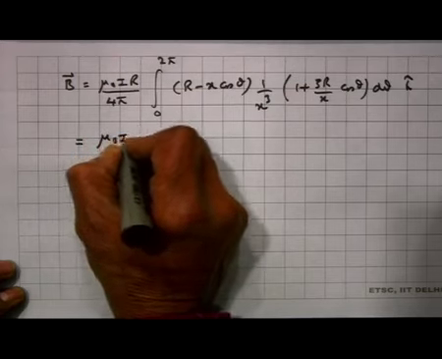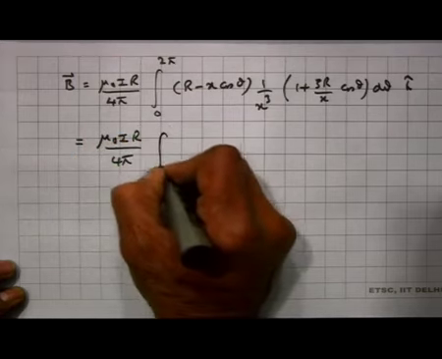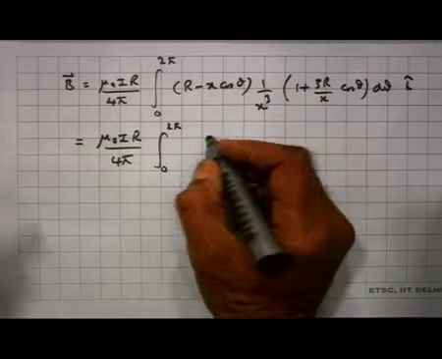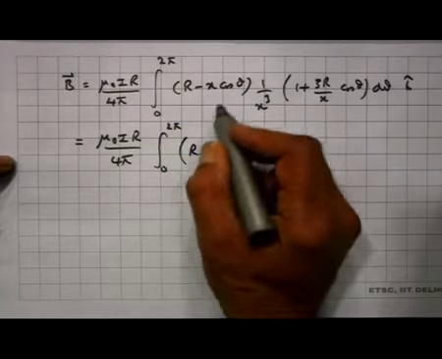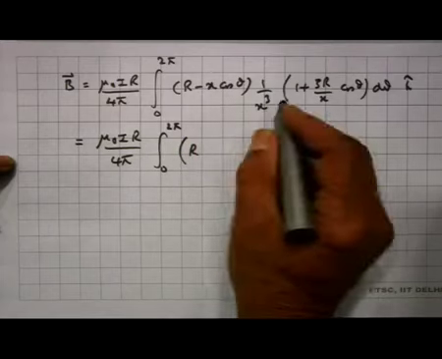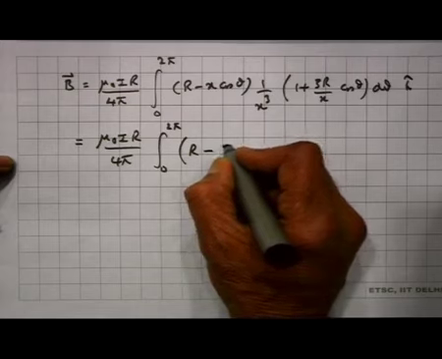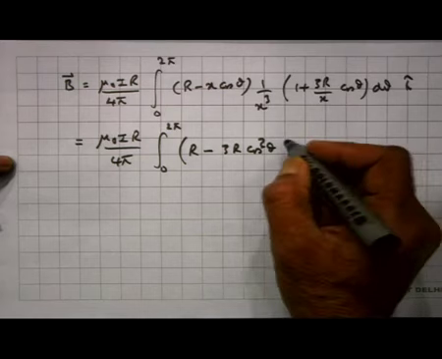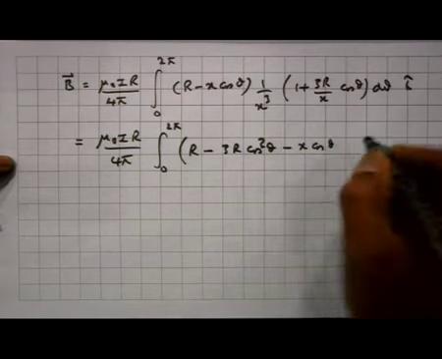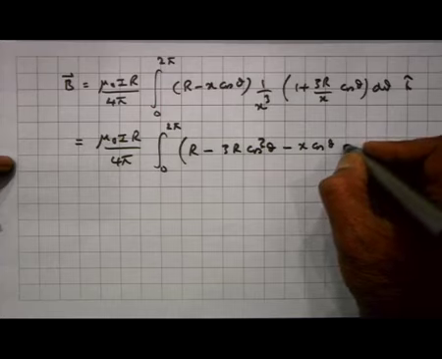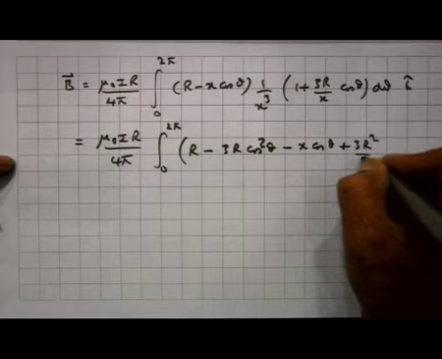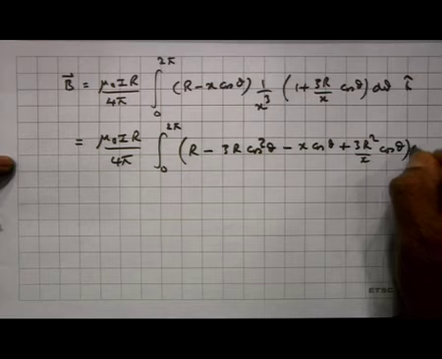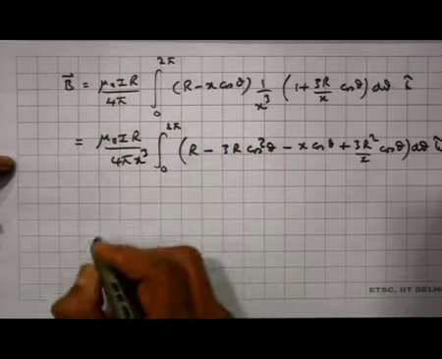Mu 0 I r by 4 pi, integral 0 to 2 pi, I get r into 1 is r, and then the second term is minus 3 r cos square theta, then I have minus x cos theta, then I have plus 3 r square by x cos theta, d theta k cap, and there is an x cube in the denominator.